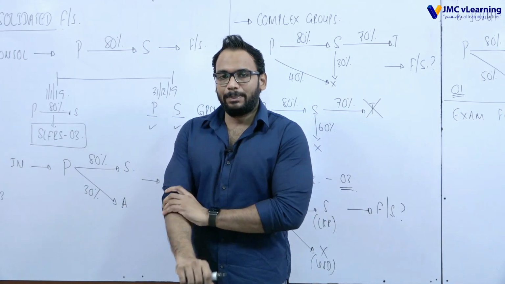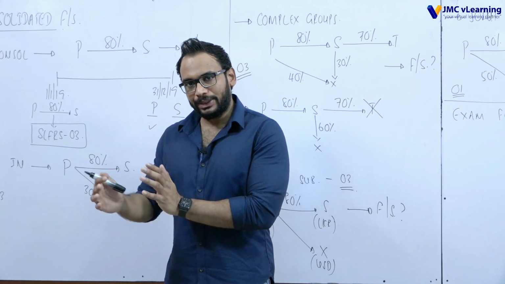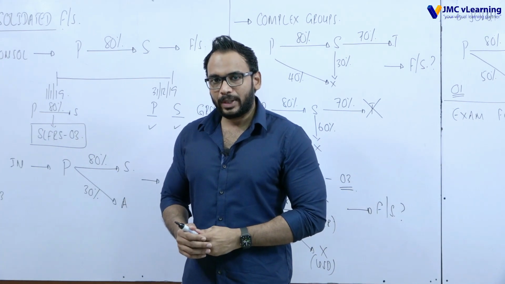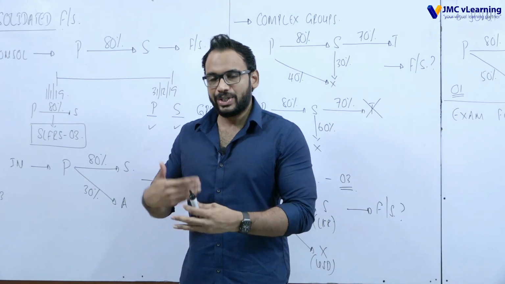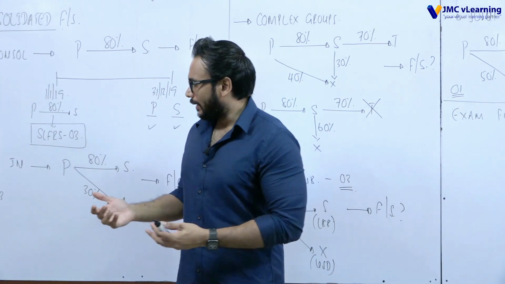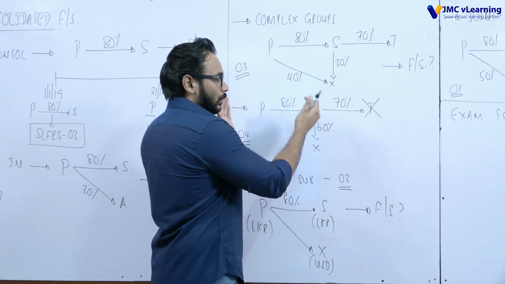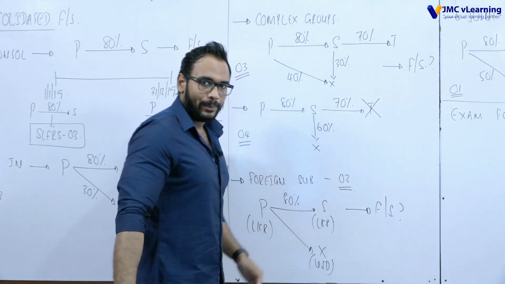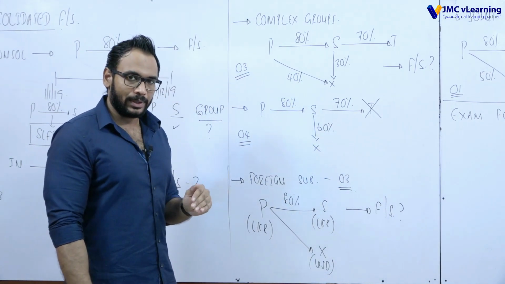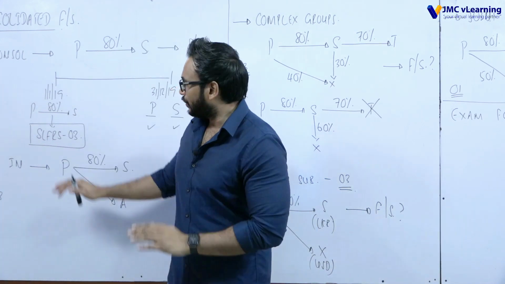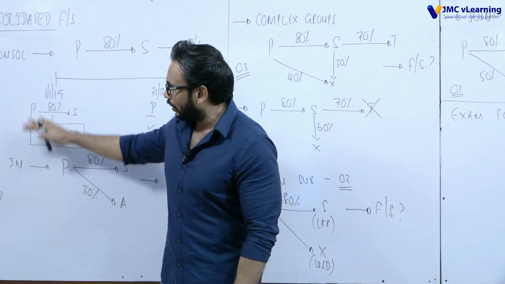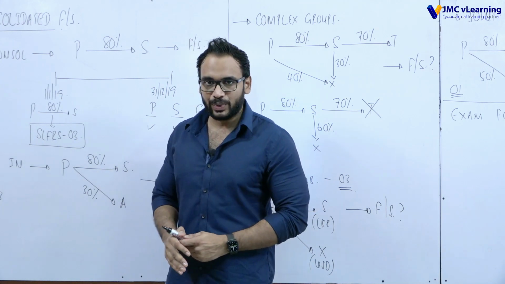However, we will cover it here as well, but in a much more brief form. It's a refresher of your previous knowledge, and where this level kicks in is from complex groups onwards, which is a new area at this level only. So your previous level knowledge should give you a basic understanding of basic consolidation and investment in associates.